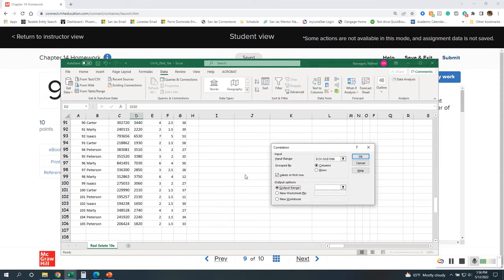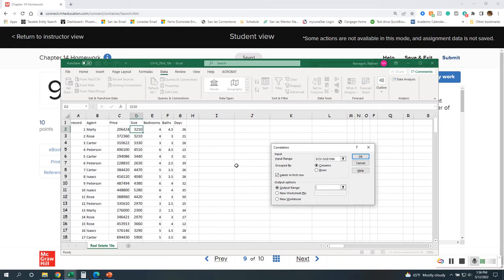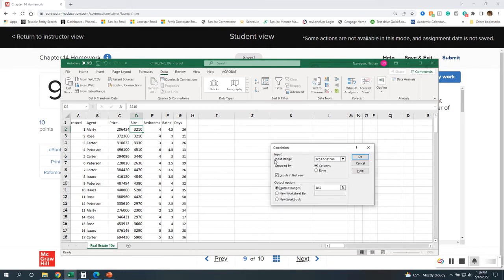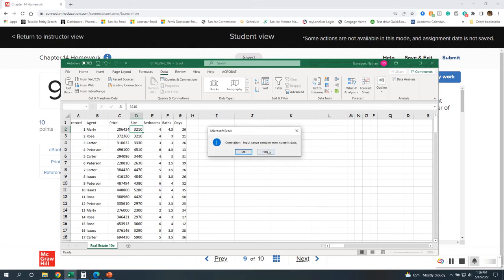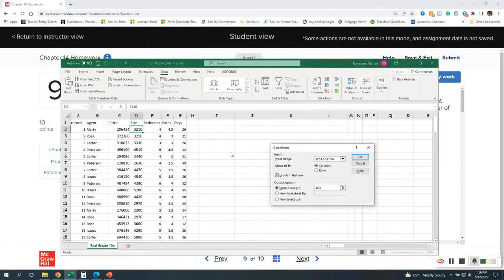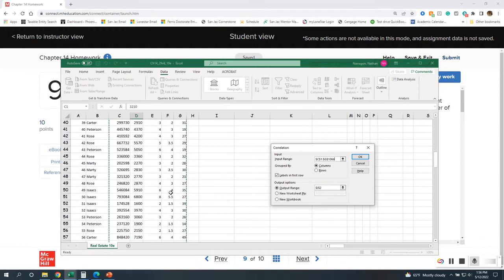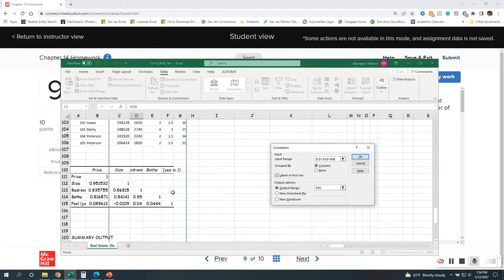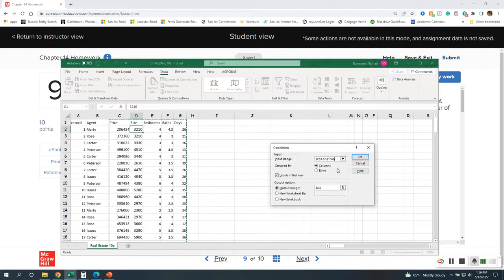Okay. I'm actually going to put my equation right here. Click OK. Huh. I did have it just right. For some reason, it highlighted everything, which is odd.